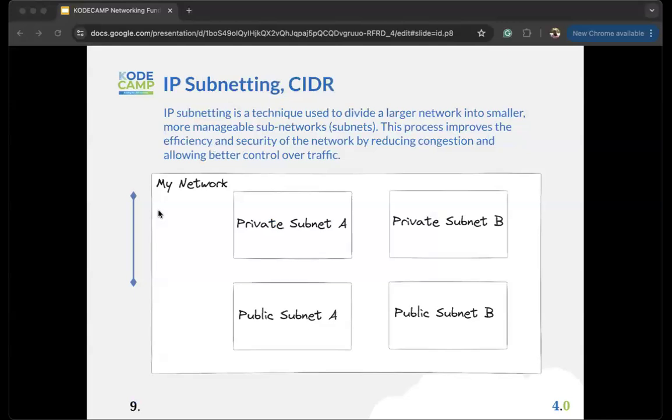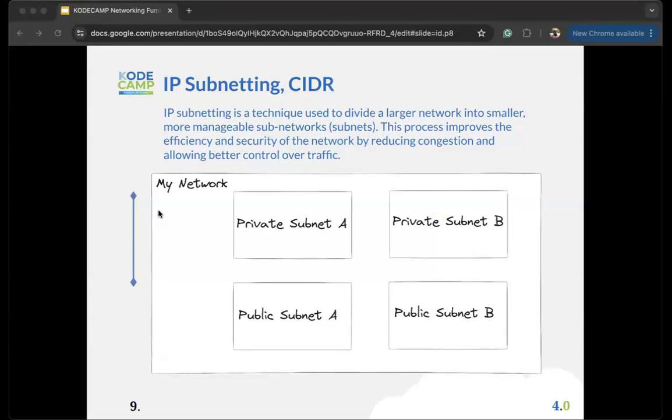Okay, so now that we've spoken about the various models that networks use for communication, let's talk about how networks are created and designed.